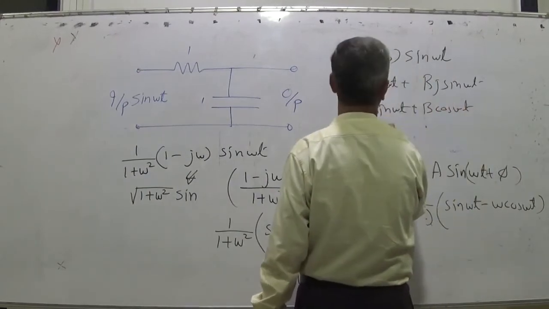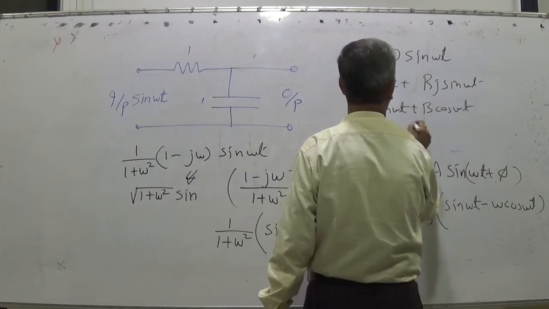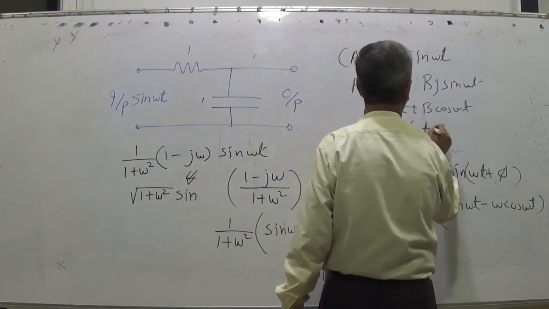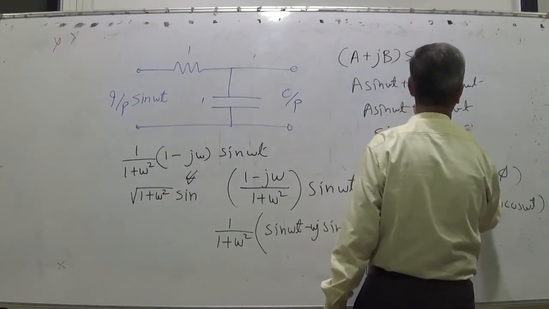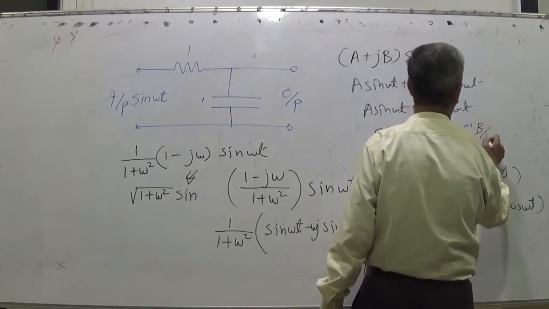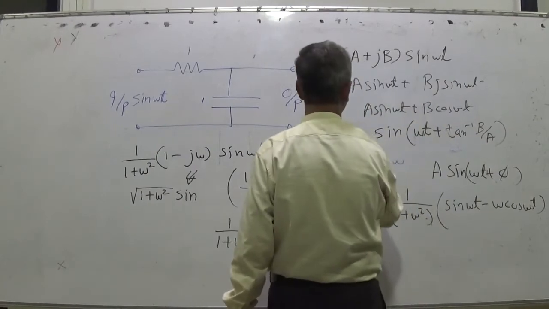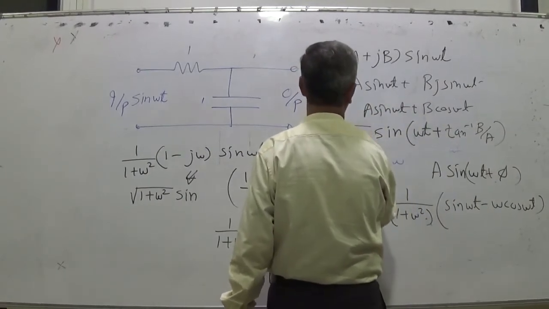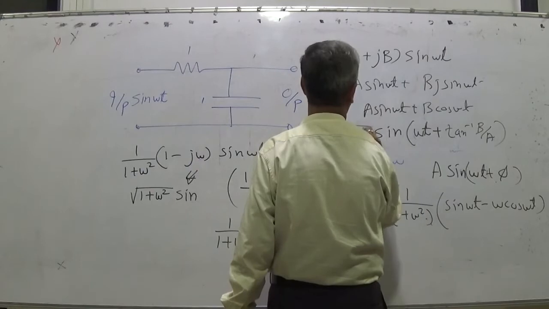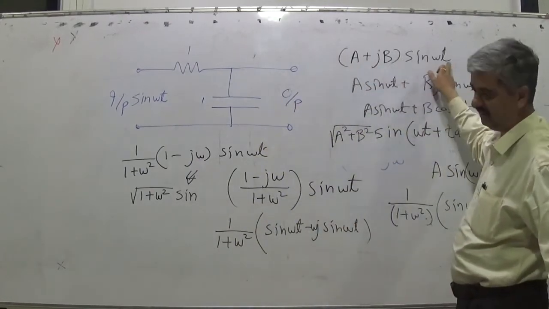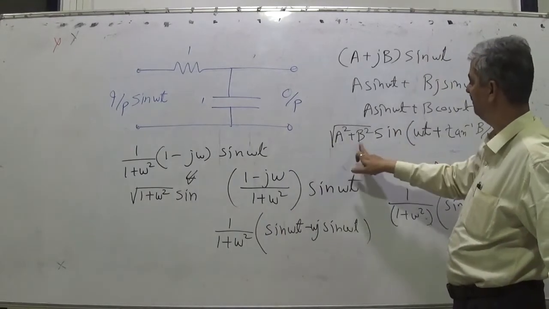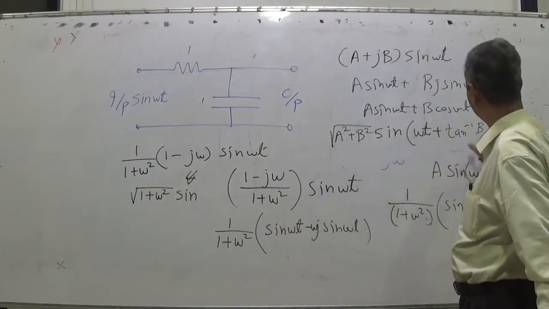This you can write as under root (a square plus b square) into sine of (omega t plus tan inverse of b by a).